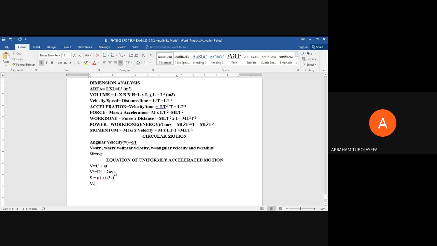V is equal to final velocity. U is equal to initial velocity.